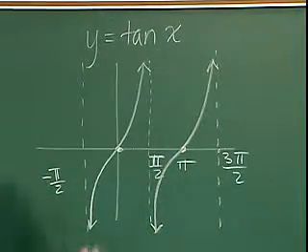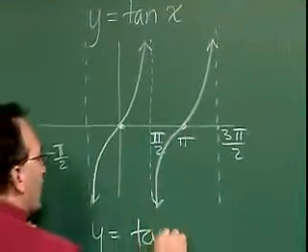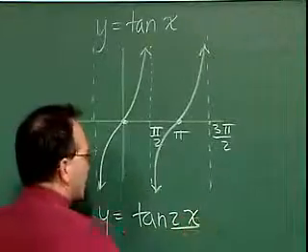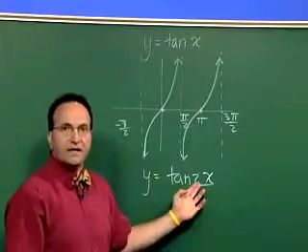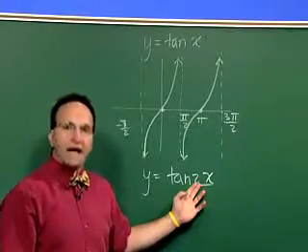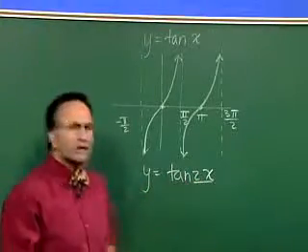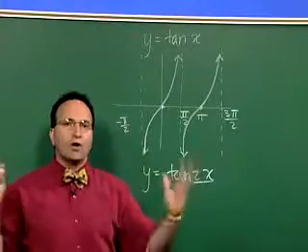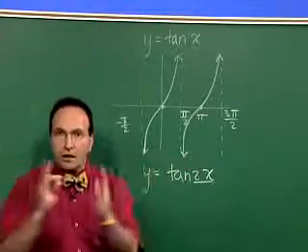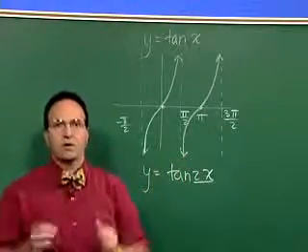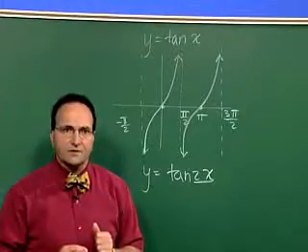Well, how does that apply then to y equals tan of 2x? Well, the 2 in front of here is, of course, going to affect it horizontally. And in particular, this 2x will cause it to be shrunk in towards the y-axis.